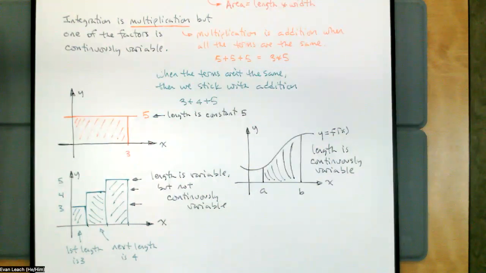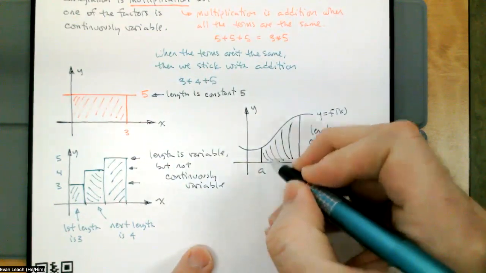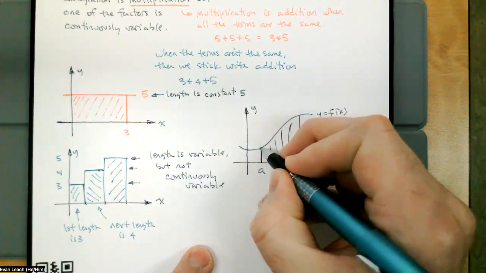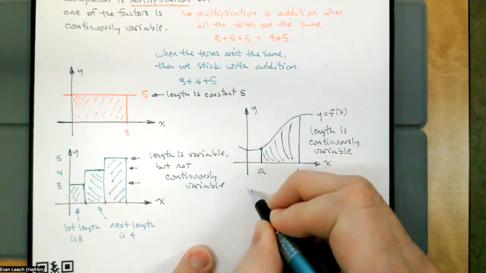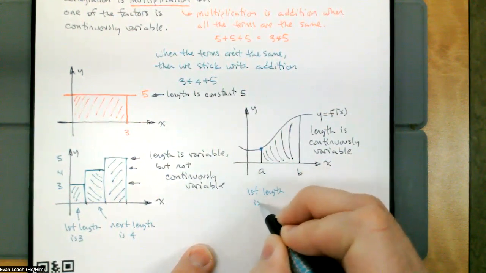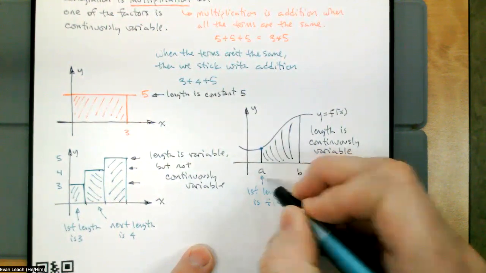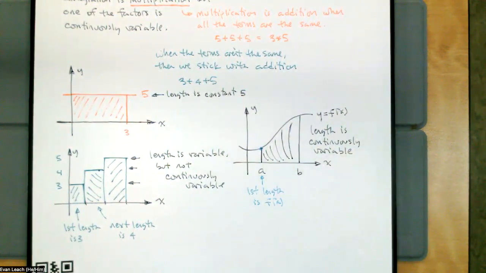We have a place to put a plus sign. In this example, our first length is f at a. But there is no next length because the length is continuously variable.